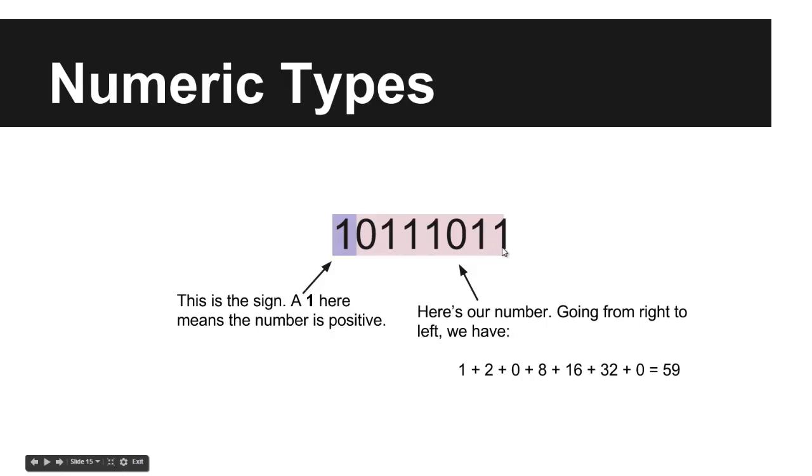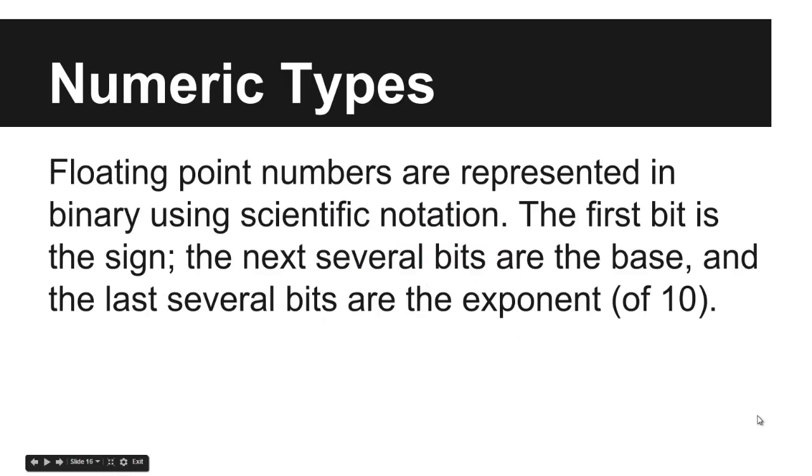So what that means is that we have a 1, that's 2 to the 0th, a 2, 2 to the first, a 0, but if this were a 1 we would have a 4, an 8, 2 to the third, a 16, 2 to the fourth, and a 32, 2 to the fifth, and then nothing for 2 to the sixth, though if we did that would be 64. And we add all that together and we get a 59. And since there's a 1 here in this very first bit, we know that we have a positive 59.